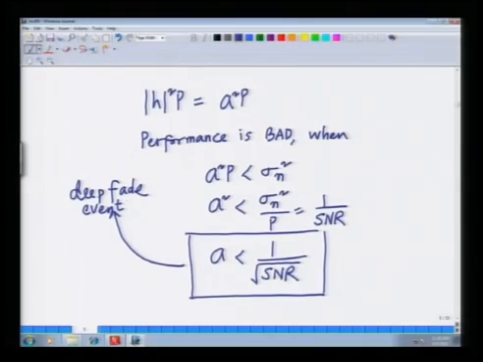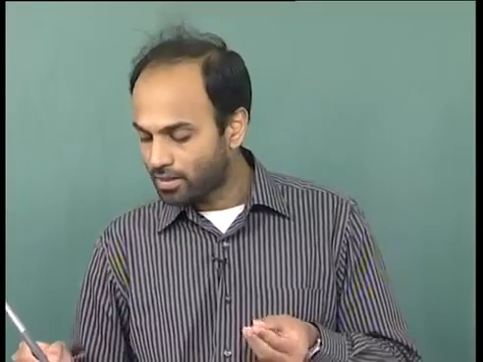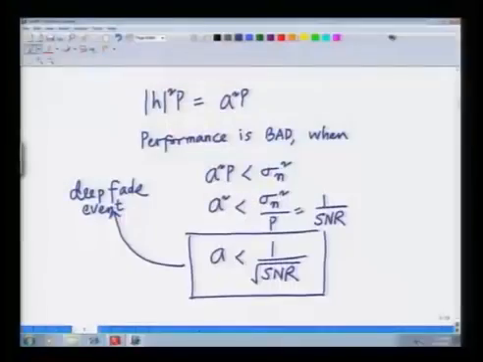This is happening because the interference is destructive to an extent that very little signal power is received, such that the magnitude of the fading coefficient A has to be less than 1 over square root of SNR. This is known as a deep fade event.